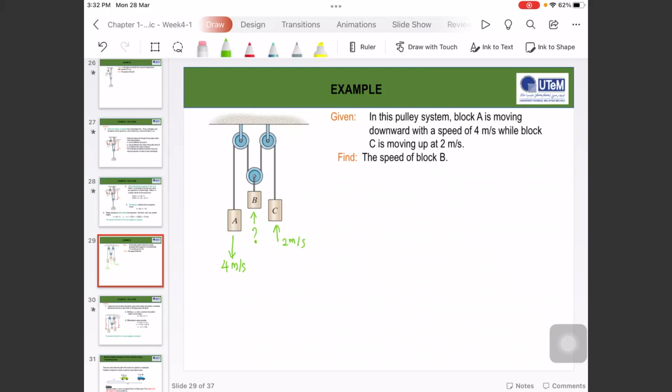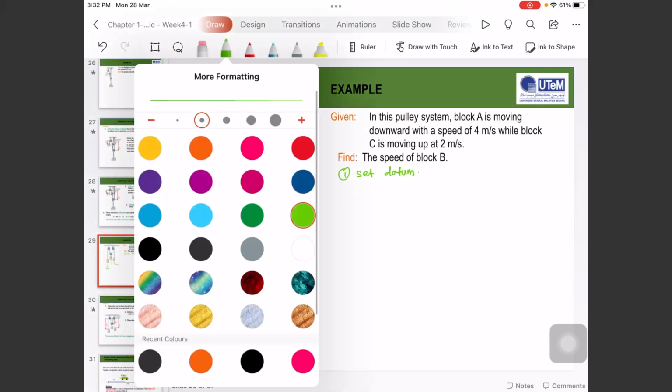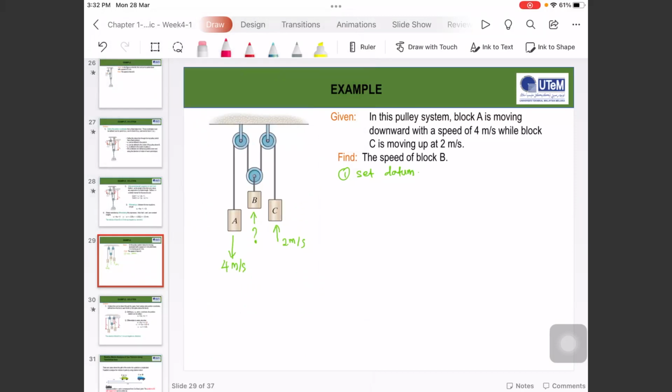So first set the term. So case ini, for this case, the easiest way is find the term near the wall. Okay, so this is your datum. Okay, datum. So we can say that ke bawah adalah positif.